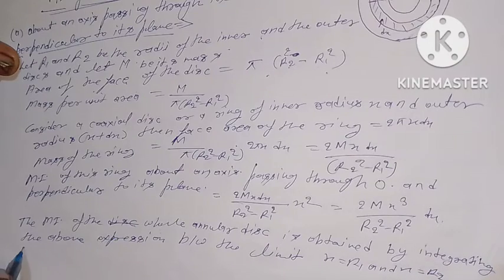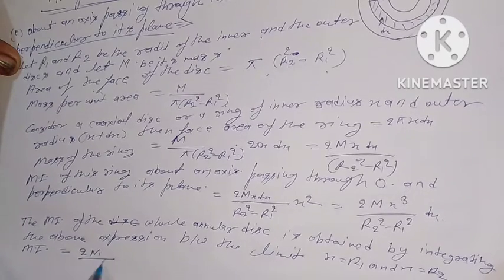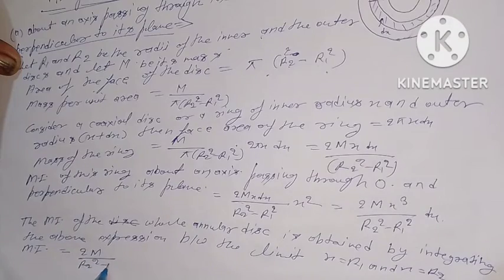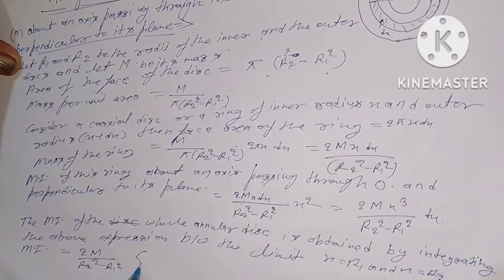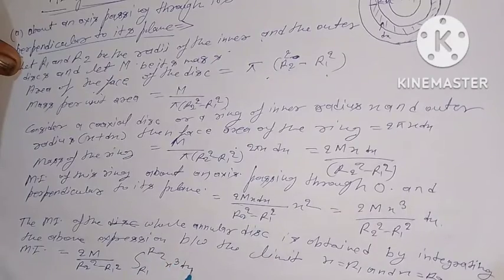Okay, the moment of inertia of the annular disk about an axis through O and perpendicular to the plane is equal to 2 capital M upon R2 square minus R1 square, integration from R1 to R2 of x cube dx.